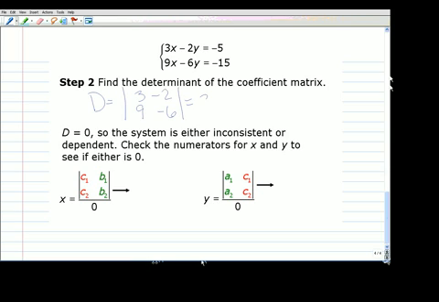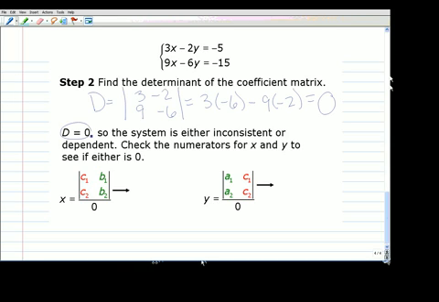So we multiply the first diagonal, subtract the product of the second diagonal. So we get -18 minus -18, or plus 18, and that equals 0. So because the determinant equals 0, if you look down, it's already told you that the system is either inconsistent or dependent. So it either has no solutions or infinitely many.